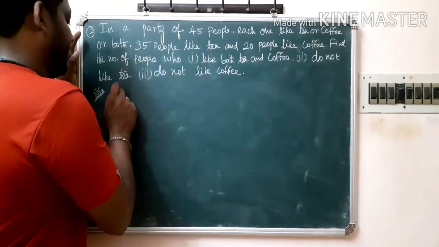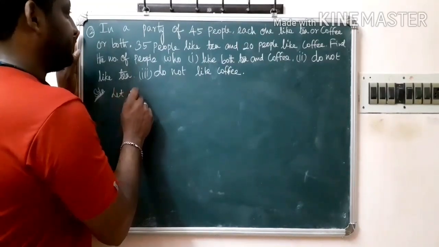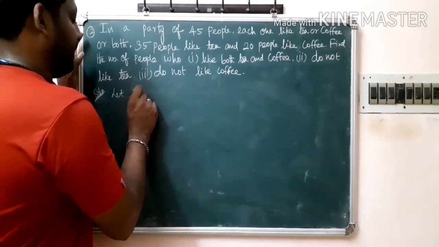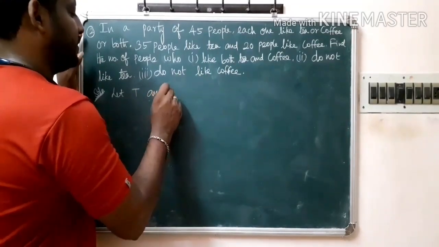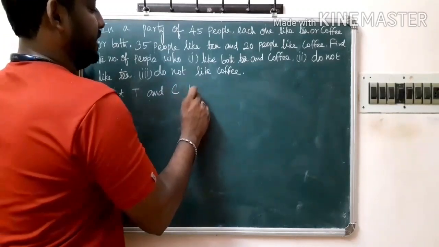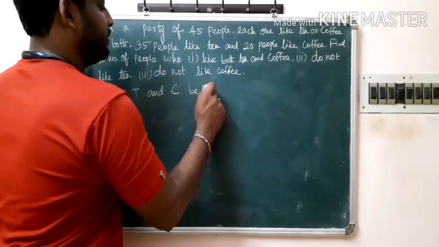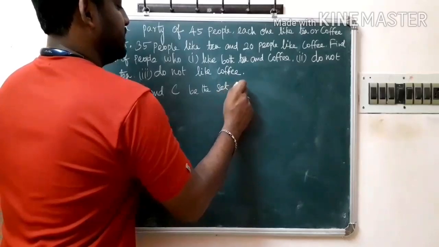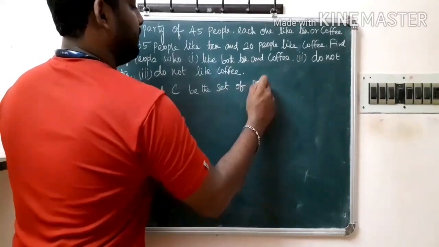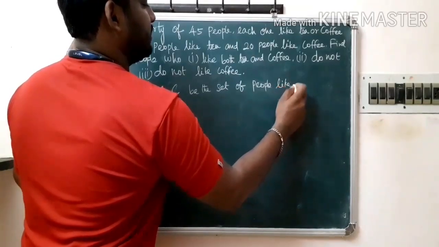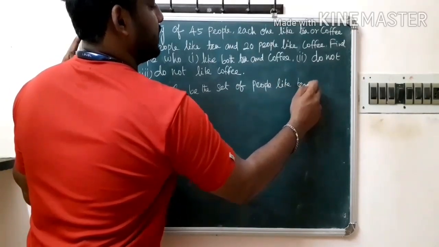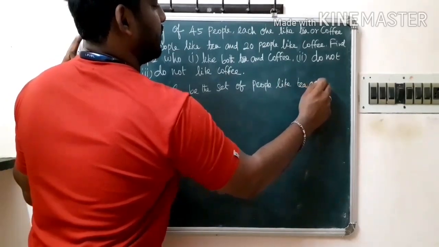So first of all, we have to write: let capital T and capital C be the sets of people who like tea and coffee.